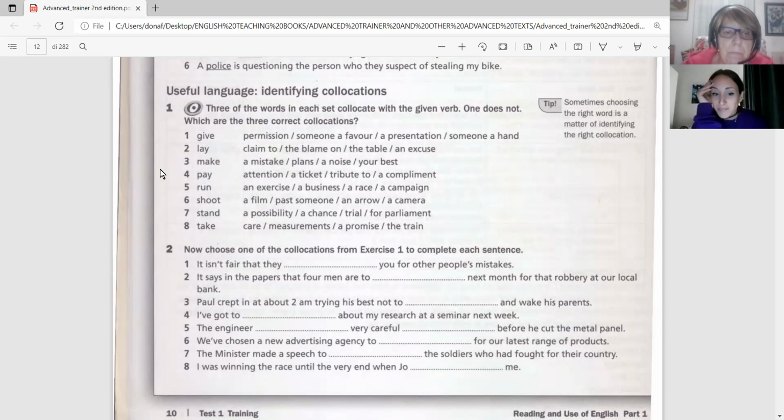Shoot a film is correct. In fact, when you say a scene has been the shooting, yes, the shooting.